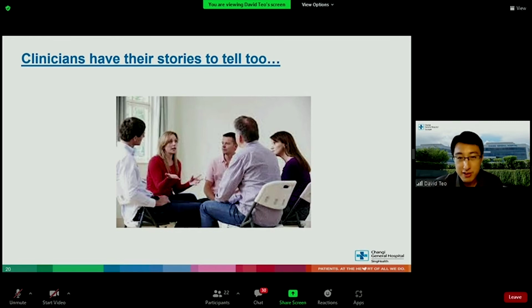This is a picture of a Balint group going on, and that's something I'm quite keen on as well. It's something our community mental health program at CGH also does with general practitioners in the community. It's a reflective space where clinicians come and share their stories of patient encounters, and the focus is not on the diagnostics or the management of the patient, but on the dynamics that go on between the doctor and patient.